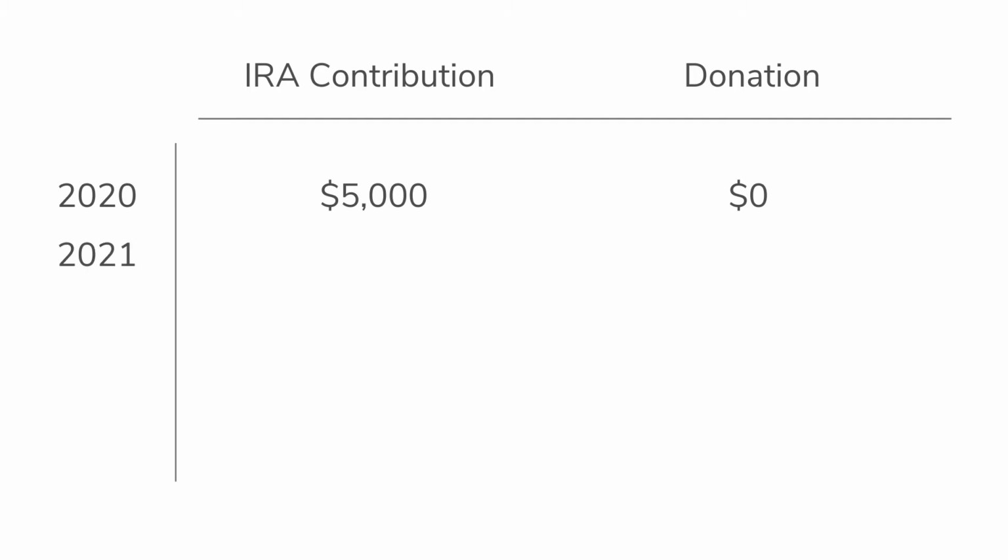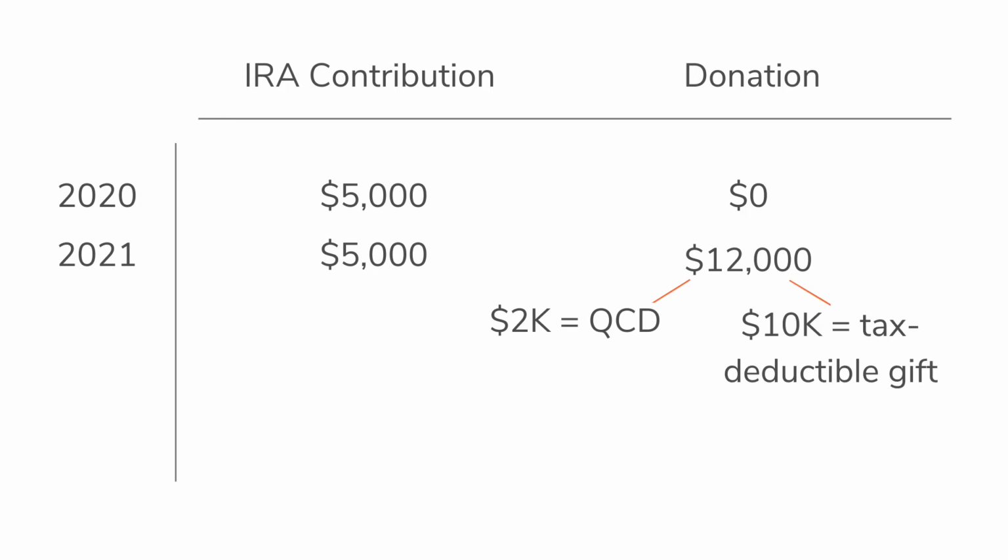Then in 2021, she's making a $5K contribution again, and let's say at this point, she makes a $12K donation to a charity. In this case, only $2,000 counts as a QCD, and $10,000 counts as a tax-deductible gift.